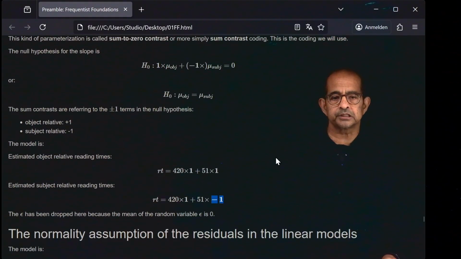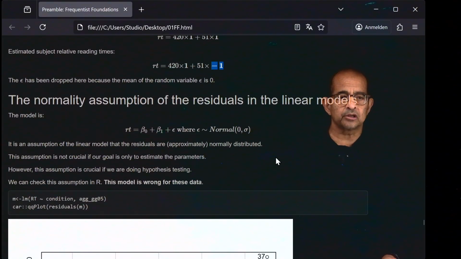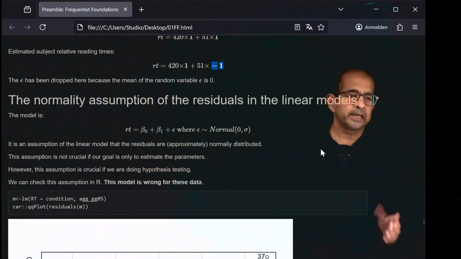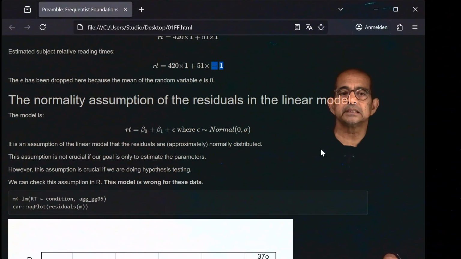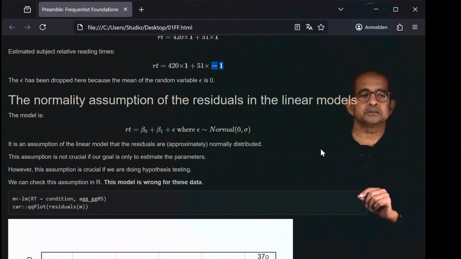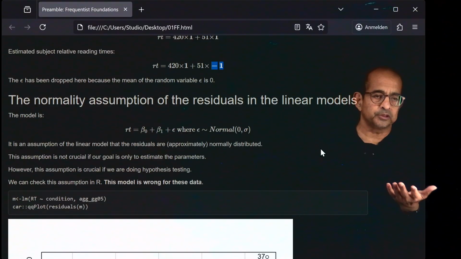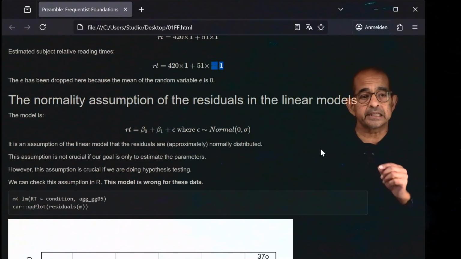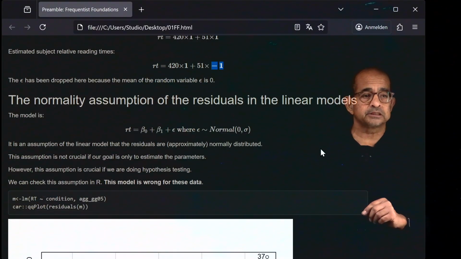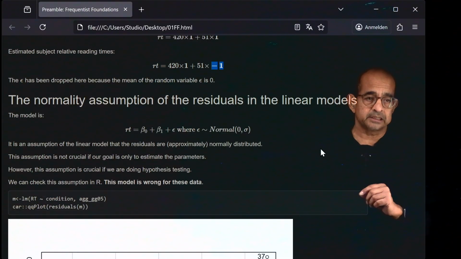The second important thing that I want to talk about in the context of linear models is the normality assumption. The normality assumption is actually not important if all you're doing with the linear model is estimating the parameters. However, if you're carrying out a null hypothesis significance test, then the normality assumption should be approximately satisfied.